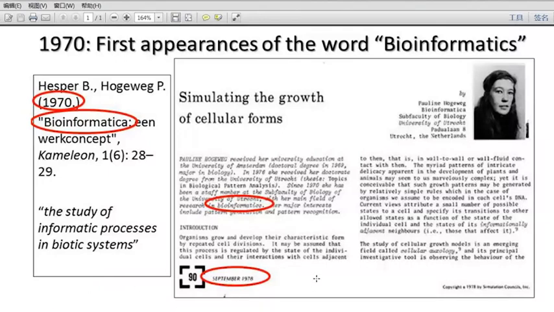In 1978, Pauline Hoogeweg wrote in an English paper that she defined her research as bioinformatics. Many people refer to this 1978 paper as the origin of the word bioinformatics, but the word actually appeared earlier.